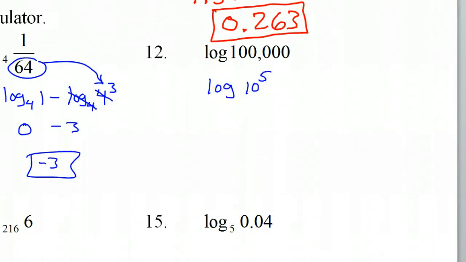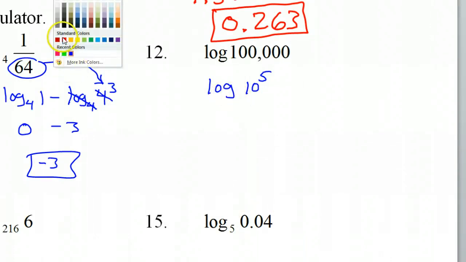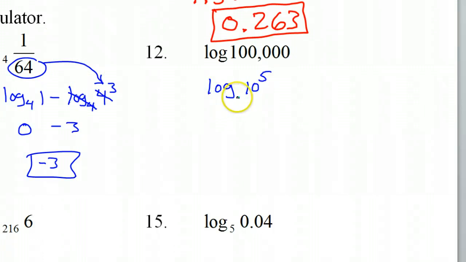There's an invisible base 10 here, don't you know? So this is an invisible log base 10 of 10 to the 5th power. And once again, if you have a log base and an exponent base, they undo each other. They're inverses. They cancel each other out. That's why the final answer is just the 5.